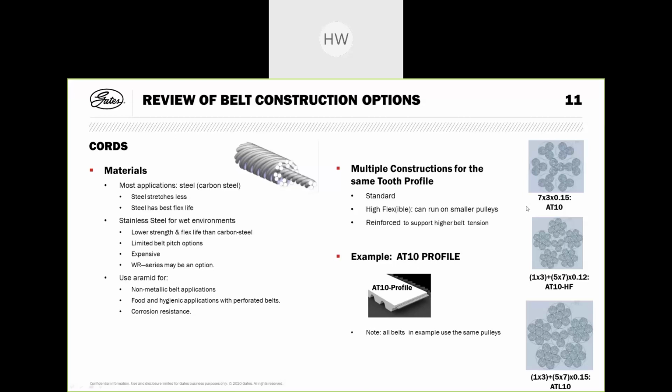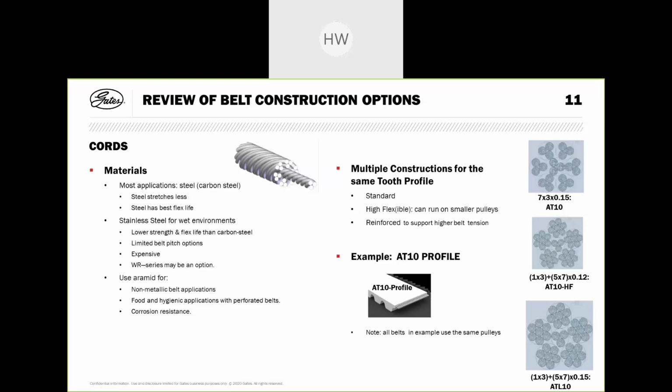If we need to use smaller pulleys, which is smaller than the recommended pulley diameter for a standard cord, we can use a special high flex cord. And as you can see here, the outside diameter of the high flex cord is completely the same as the standard cord. But as you can see easily on the picture, we use a lot higher number of single wires.